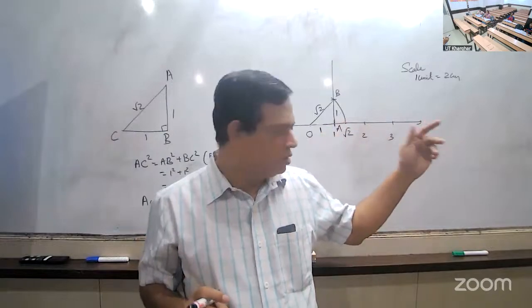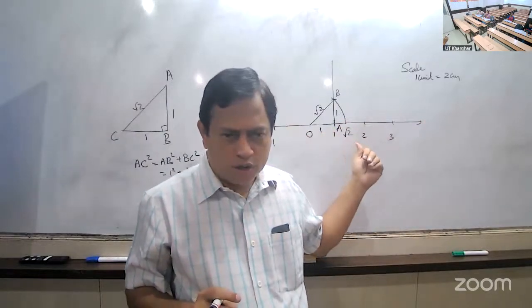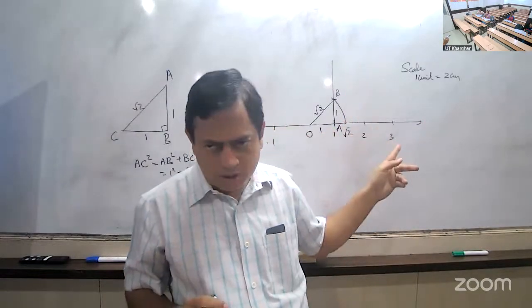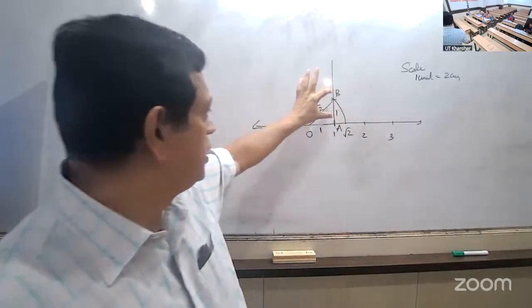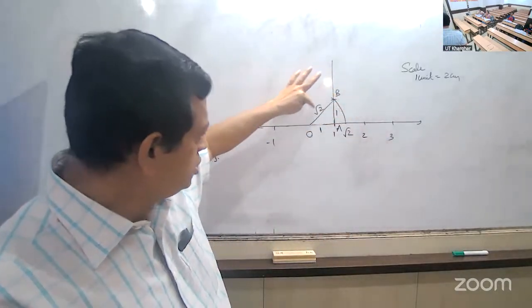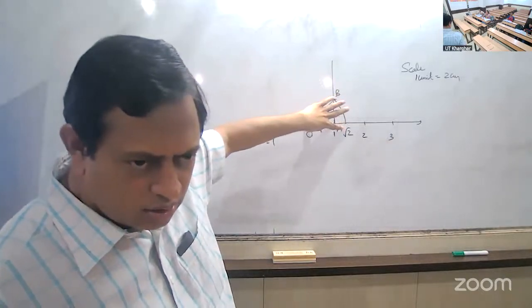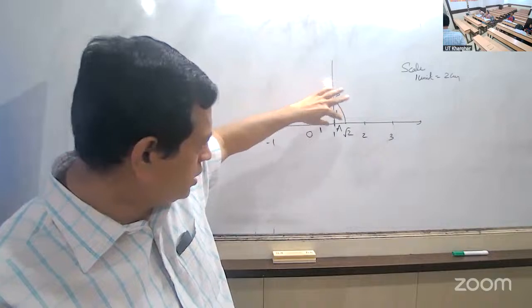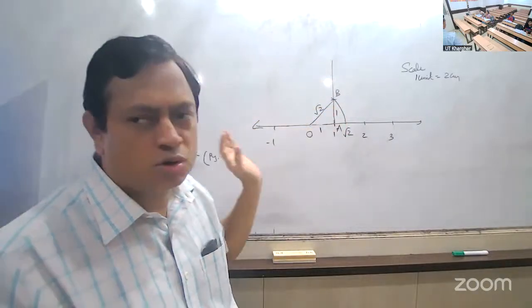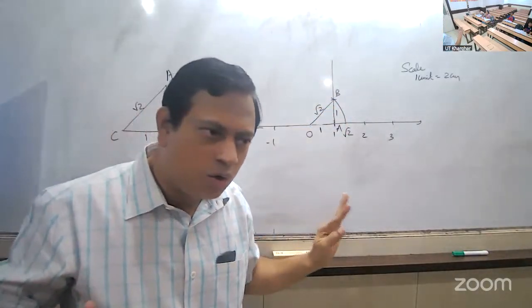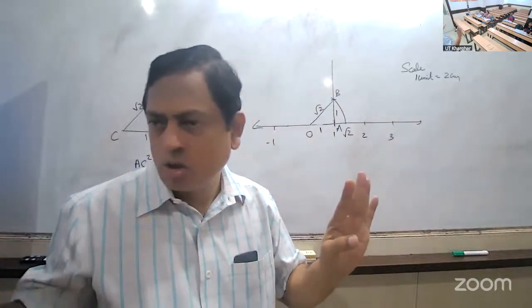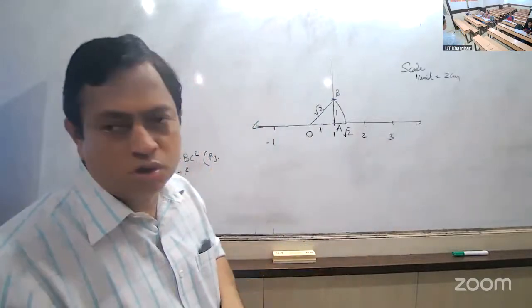Number line. Then at 1, make a perpendicular. On the perpendicular, again mark 1 unit. Join with 0. Take the length of OB and draw the arc. Where it is meeting, that is called root 2. Clear? All of you? Sure? Okay. So this is the way to draw root 2.